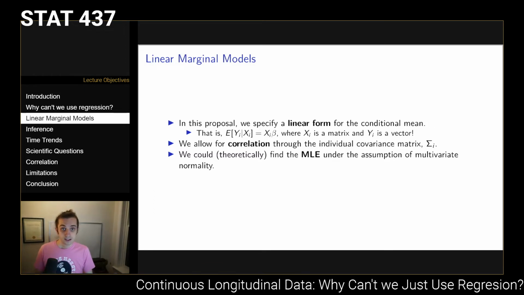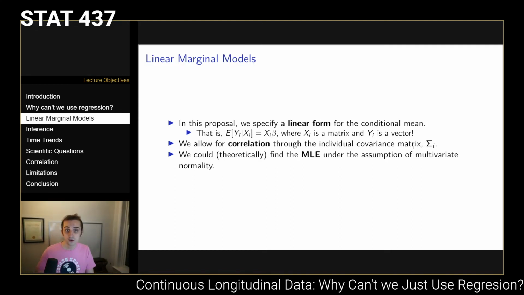And so this is the idea of these linear marginal models: instead of assuming univariate normality, we assume multivariate normality. Now, as you can tell from what's written on the screen here, it's going to end up being slightly more complicated, right? This covariance matrix alone is going to be a little bit complicated.